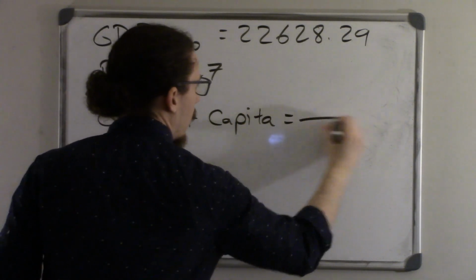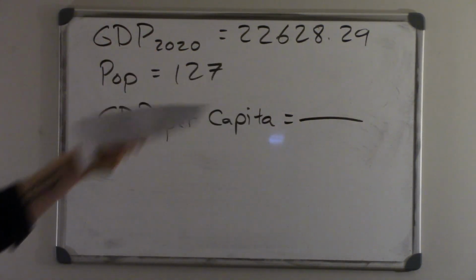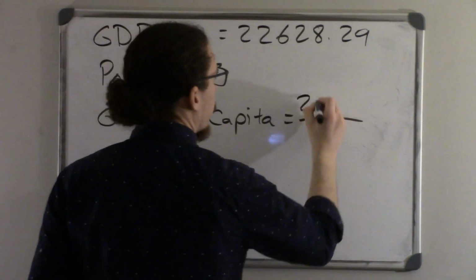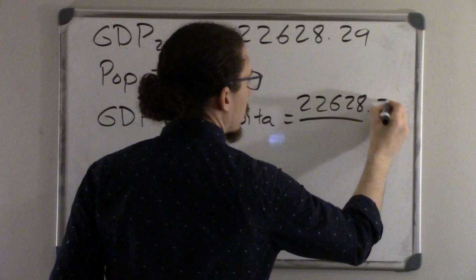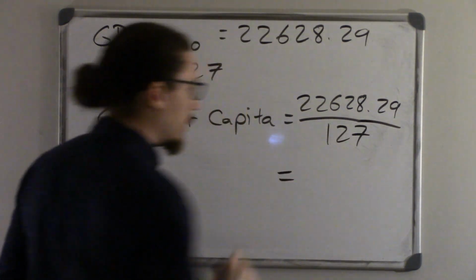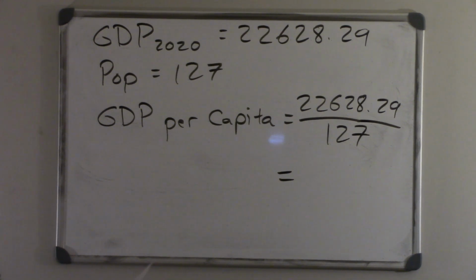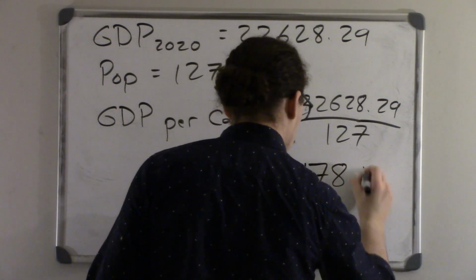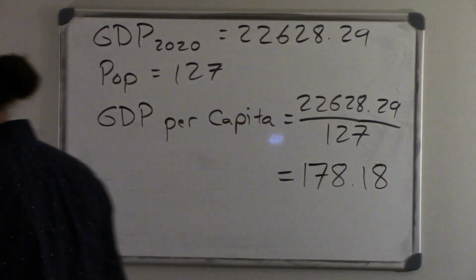If we were to calculate our GDP per capita for Wholeland, we would take the 22,628.29, put that in our numerator, and divide by the population size, which is 127, and that is going to give us a GDP per capita of 178.18.